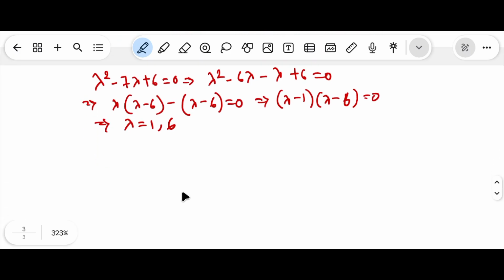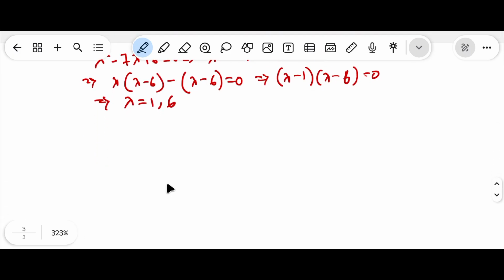Now as we have different eigenvalues, only if we have different eigenvalues is a matrix diagonalizable.